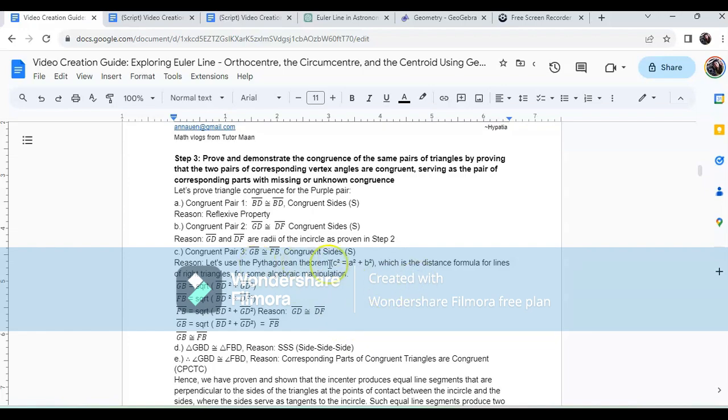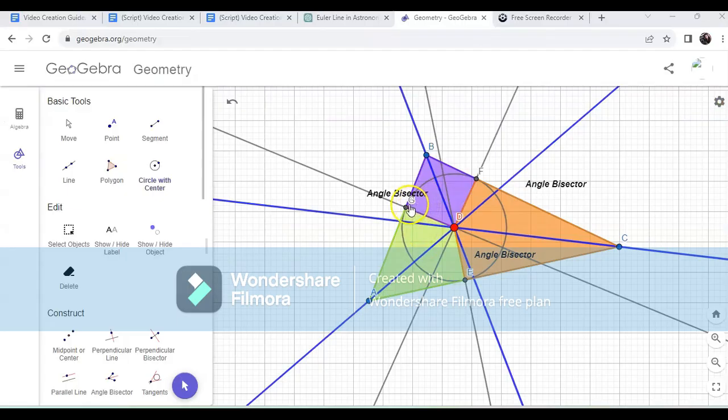And we're going to make use of the Pythagorean theorem for our reason. The Pythagorean theorem formula, c squared is equal to a squared plus b squared, is the distance formula for lines of right triangles. So we're going to have some algebraic manipulation here. Side GB is missing, it's not given, yet side BD is given and side GD is given.